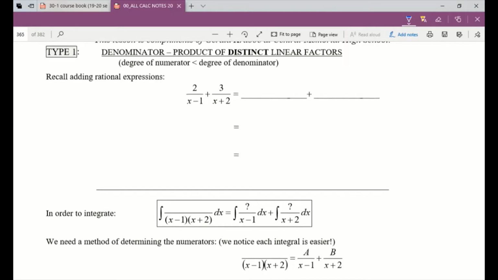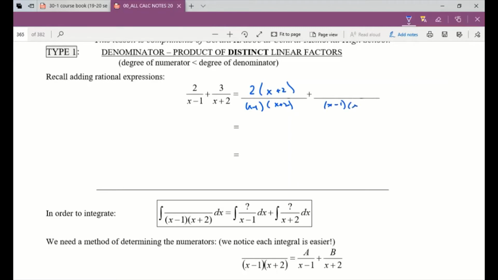We're going to look at a couple of different types of this, and this goes back to rational expressions and doing some operations with rationals. It goes back to 2 over x minus 1 plus 3 over x plus 2. We have a common denominator of x minus 1 times x plus 2. The first term, 2 in the numerator, needs to be multiplied up and down by x plus 2 to get a common denominator.